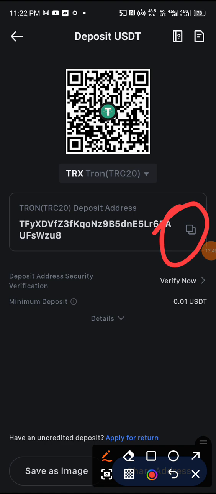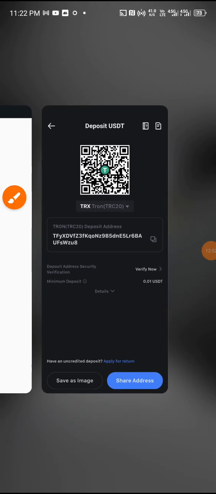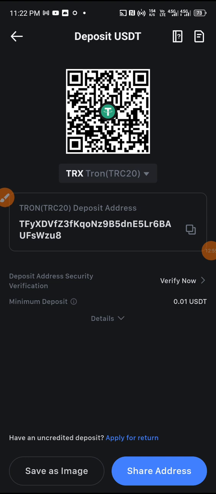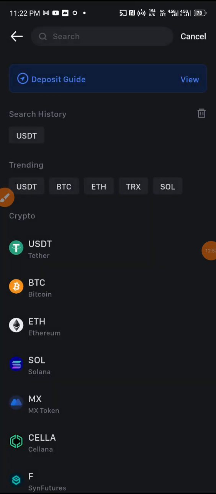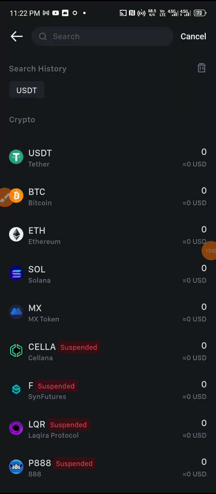All right, the moment you copy your wallet address, you can just take it to any exchange you want to deposit from, and that will be all. So if you want to withdraw, the same thing applies. You get a wallet from any other exchange, the same way as we do this.